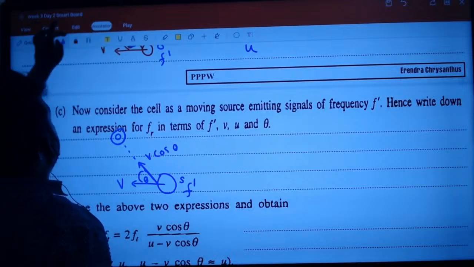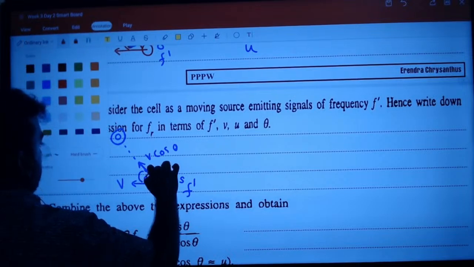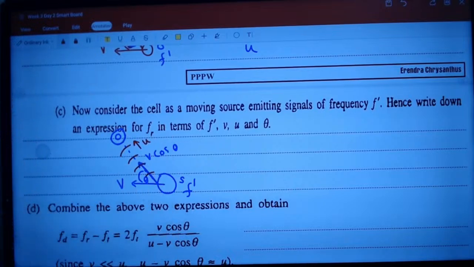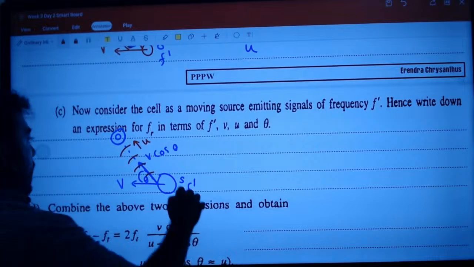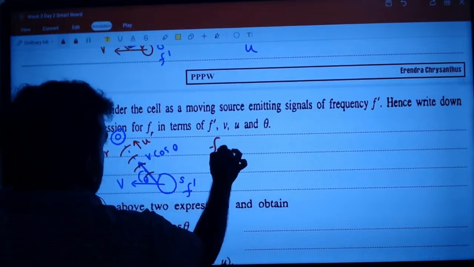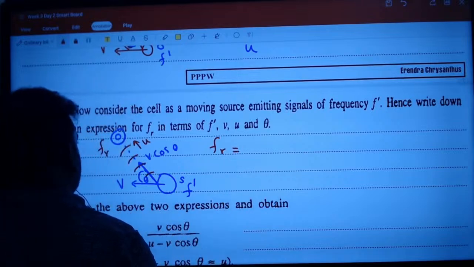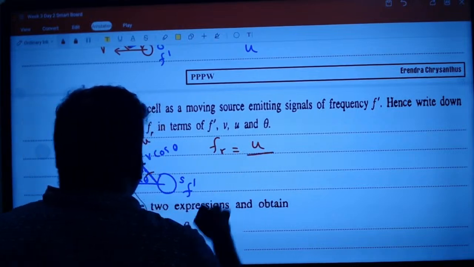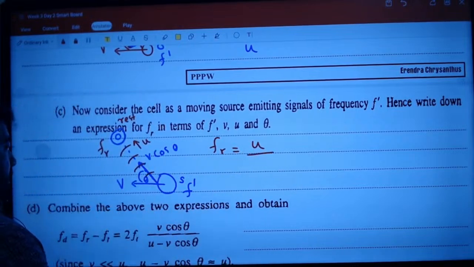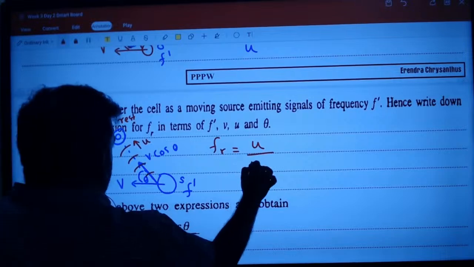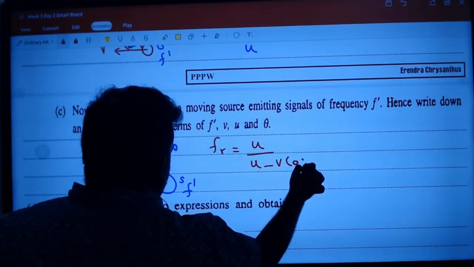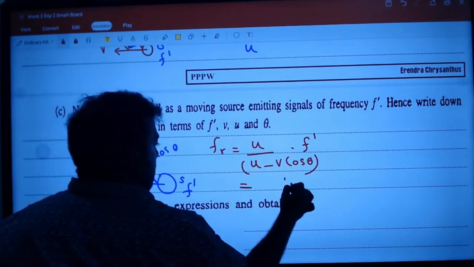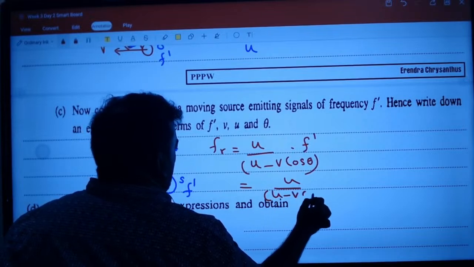Sound is going to travel from the source in that direction, at ultrasound speed. What is the frequency received? Velocity of sound with respect to the observer, the observer is anyway at rest, divided by velocity of sound with respect to the source. Make the source stationary: u minus V cos theta. So u divided by u minus V cos theta times f dash.